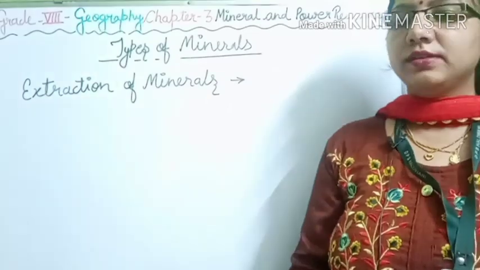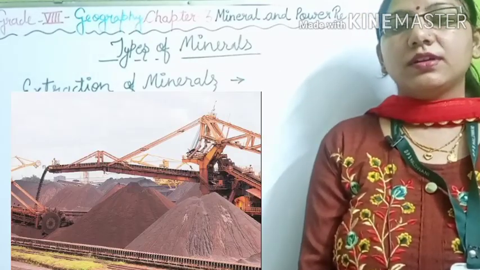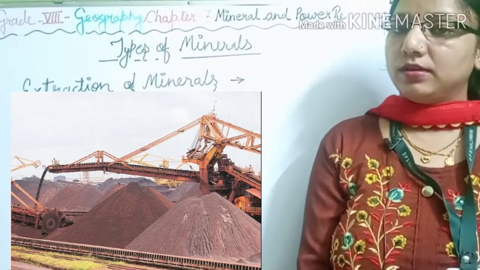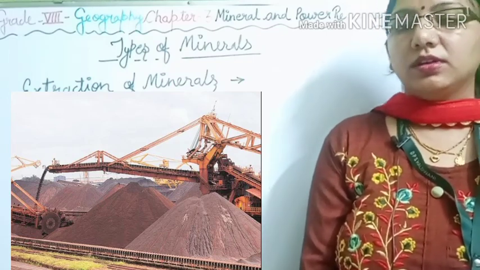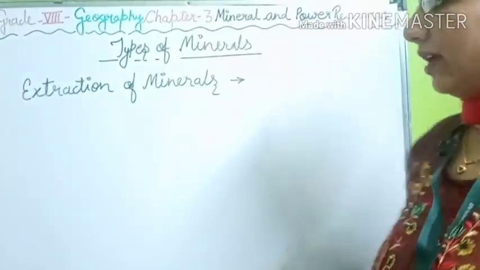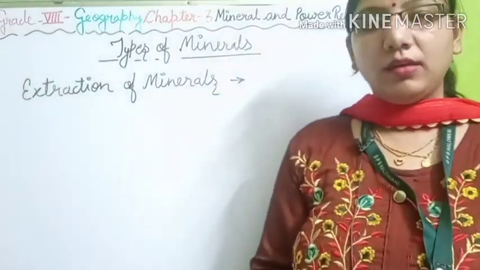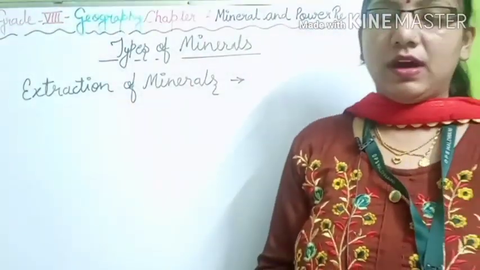So students, the minerals which we get, how do we get them from the crust? The way through which we get the minerals is known as the extraction of minerals. The extraction can be divided into three parts.